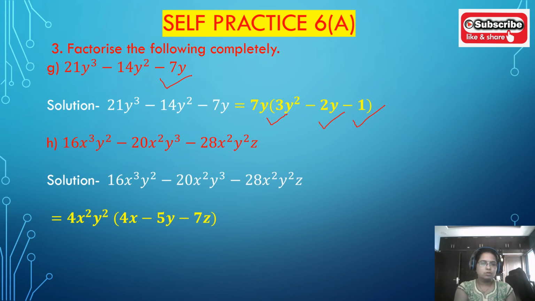So 4x square y square multiplied with 4x is 16x cube y square, and 4x square y square multiplied with minus 5y is minus 20x square y cube, and 4x square y square multiplied with minus 7z is minus 28x square y square z. So 16x cube y square minus 20x square y cube minus 28x square y square z is the product of 4x square y square and 4x minus 5y minus 7z.